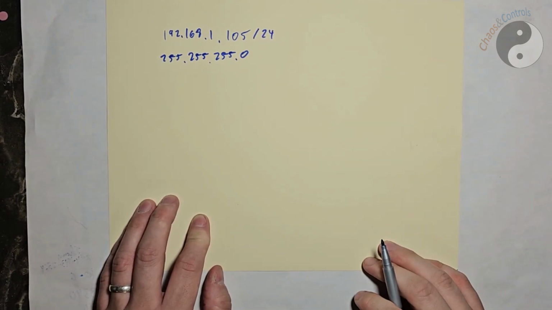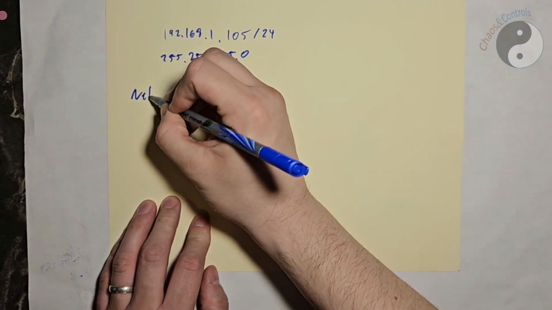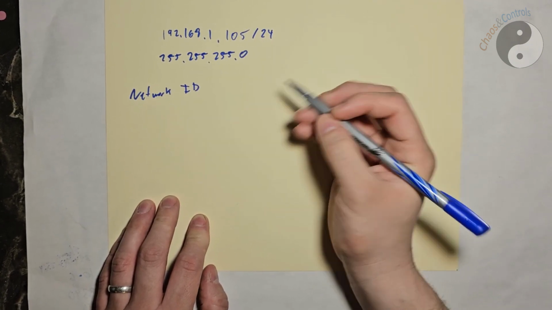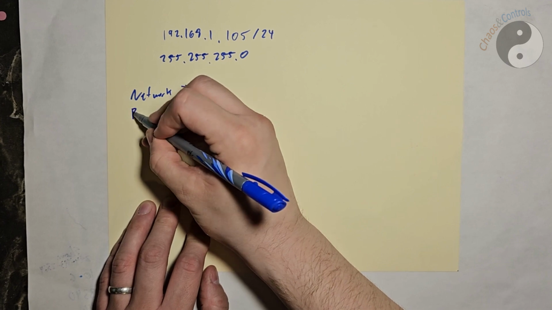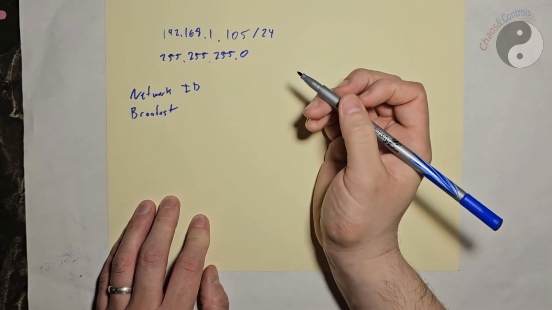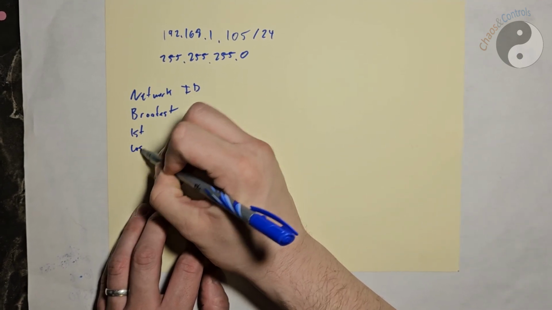So we'll work the example here. Some of the common information that you may need to find for a subnet include the network ID, the broadcast ID, and we might also want to know where the first and last devices on a given network can go.